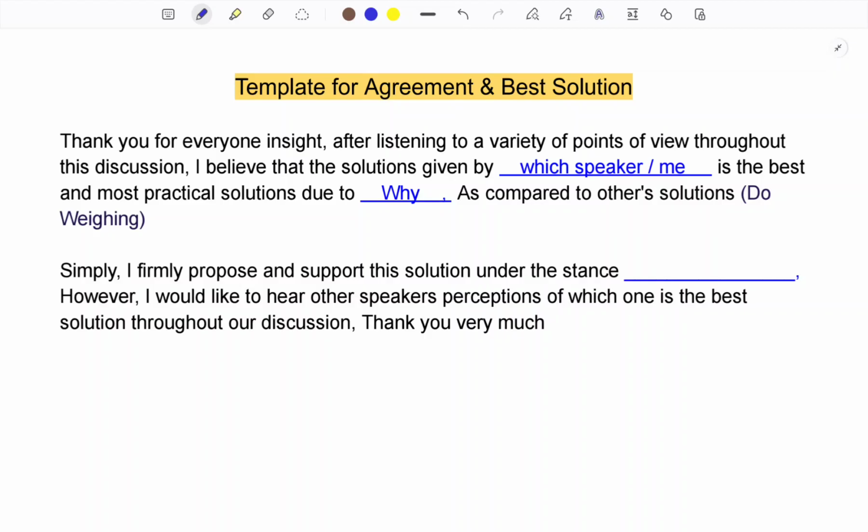The stance is basically like a debate, but under the stance, why you think the solution is the best. Maybe you can say that under the stance, this solution provides the most practical ways amongst the other solutions. However, I would like to hear other speakers' perception of which one is the best solution throughout our discussion. This is just an invitation, but at the end, they're all going to agree so that our discussion is not going to continue longer.